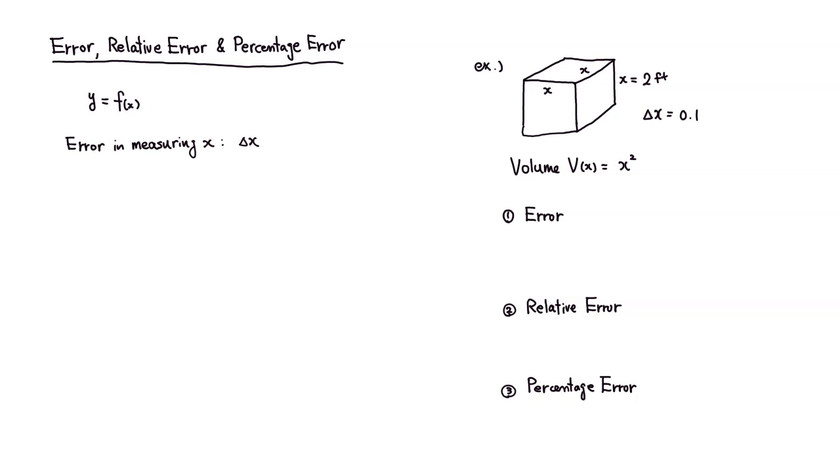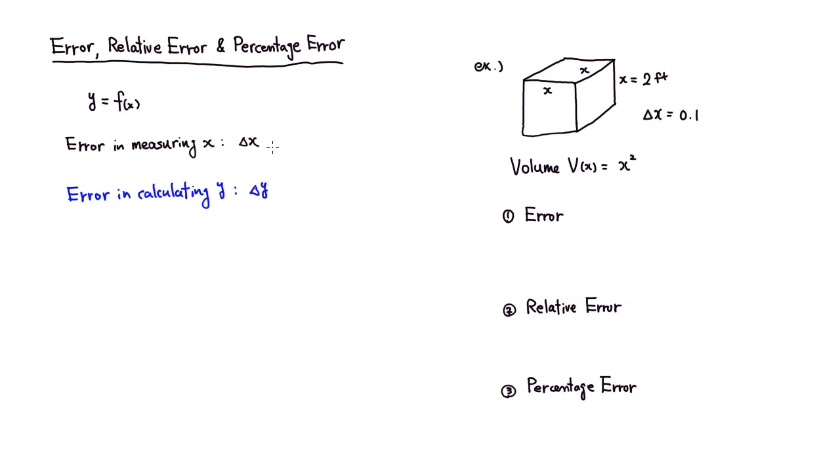All right, so here's how it goes. Let's say you're trying to find the value of f of x, and in measuring the x value, you're going to have a certain error called delta x. What kind of error do we get in the y value? This is going to be an error in calculating the y value, so that's delta y.